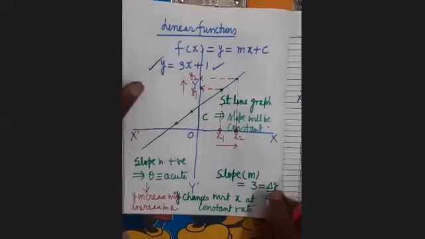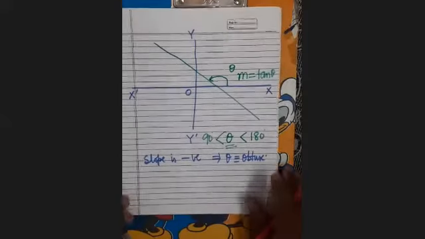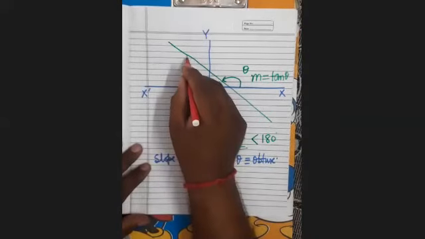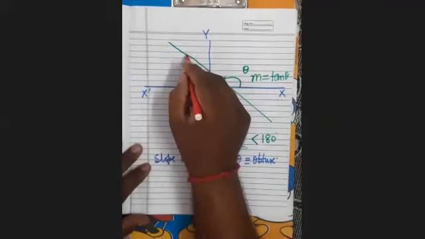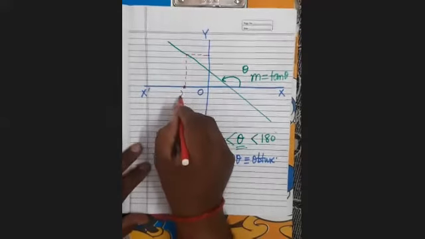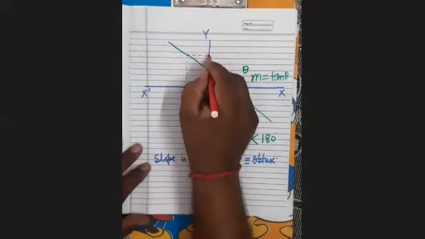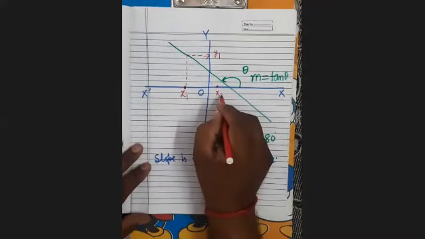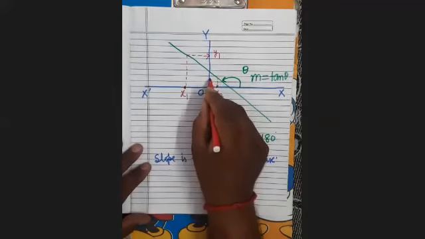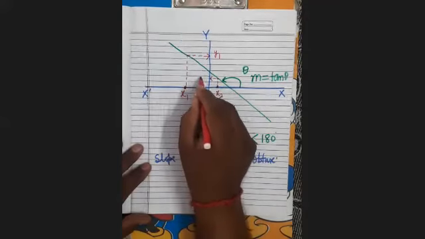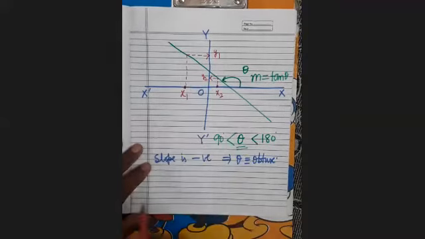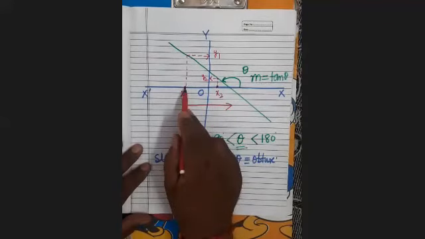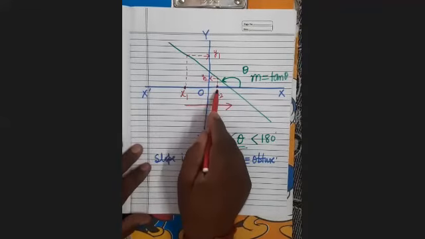Now see here, when slope is negative, you can take 2 points. One point I have taken is this. For it, the value of y is this. This is x1 and this is y1. Now you take another value x2. What is the value of y? y2. You can see here x की वैल्यूज इधर बढ़ रही. x1 is smaller, x2 is bigger.